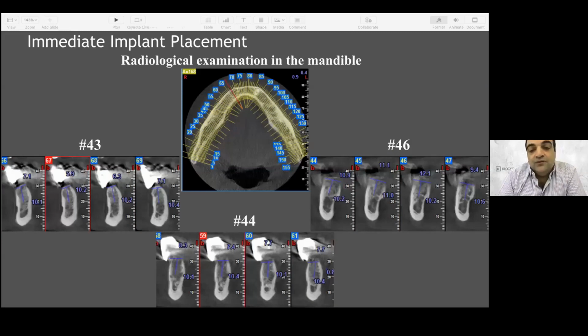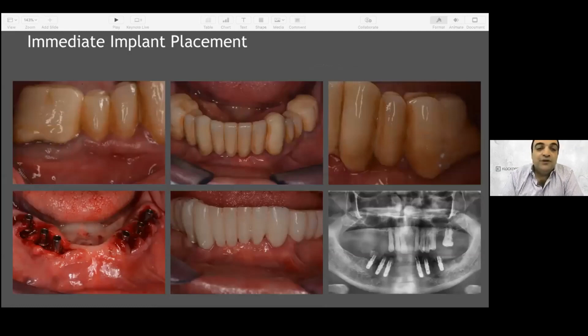We always choose to place six implants in the mandible to make three different bridges. We make a bridge from 46 to 44, from 43 to 33, and the last bridge will be from 34 to 36. We do three separate bridges for the lower as a final restoration.